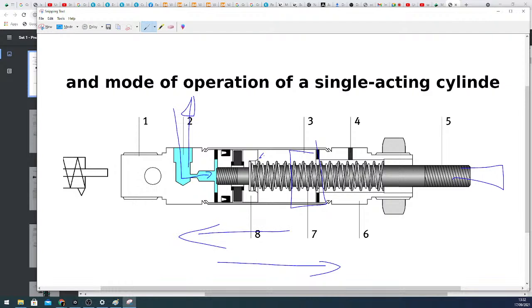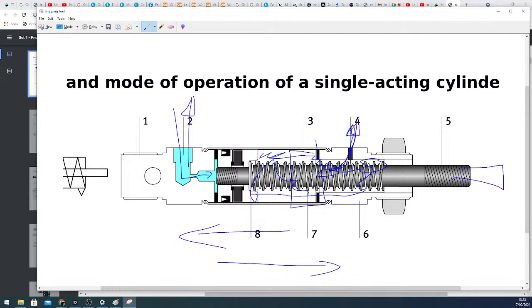But what about the air that's on this side? Don't we need to exhaust that too? Actually, we are exhausting that air through the smaller hole here. That's basically a breathing port that just breathes this air in and out from this side.